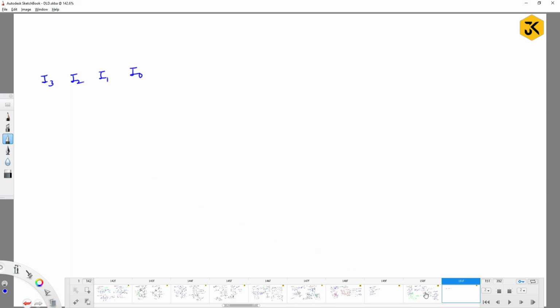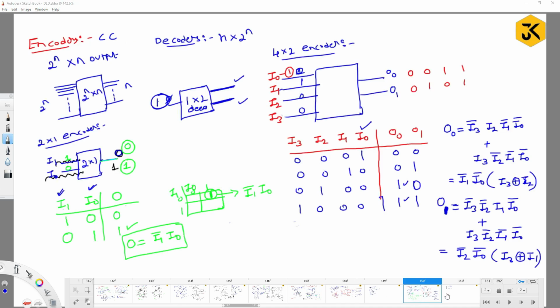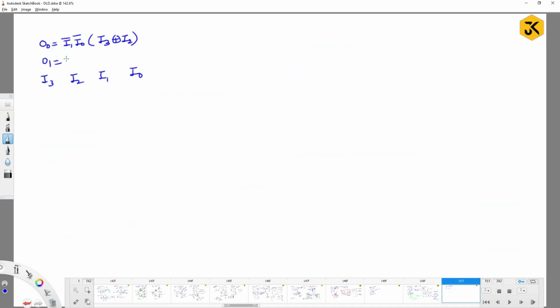Can you tell? So O0 is I1 bar, I0 bar, I3 XOR with I2. O1 is I2 bar, I0 bar, I3 XOR with I1, right?